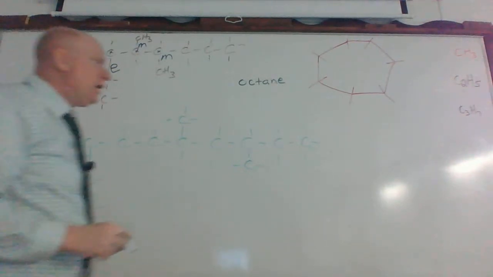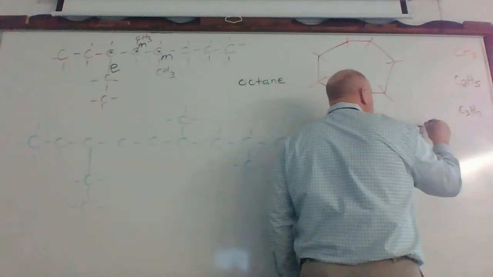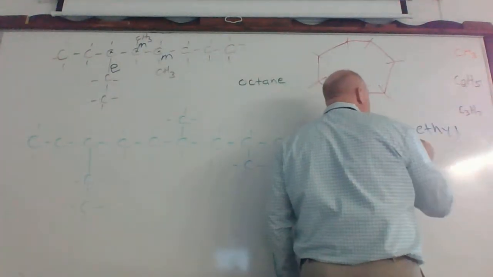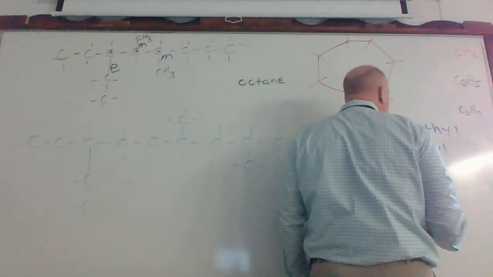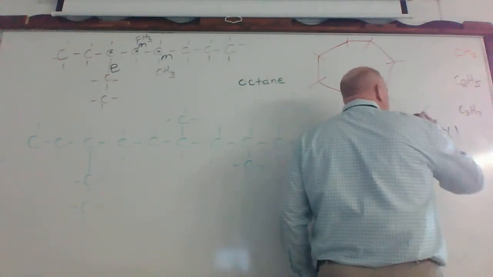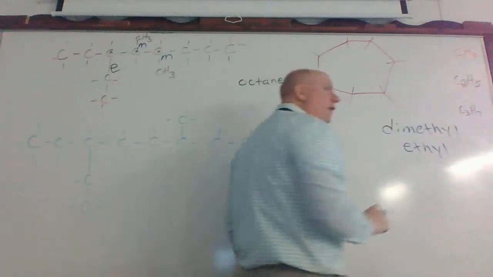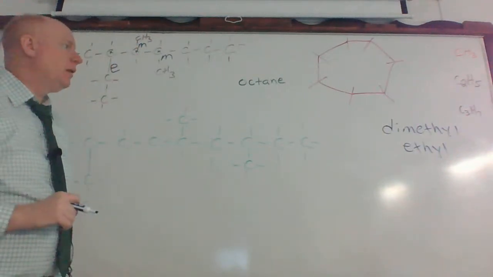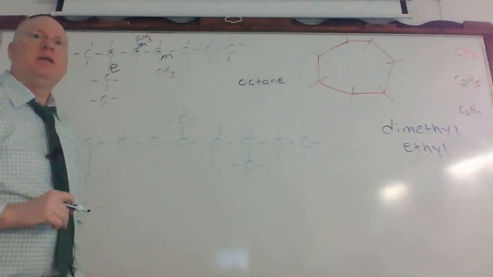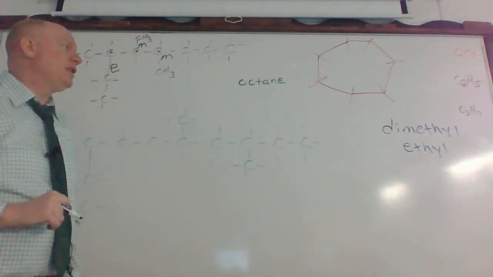So when we talk about dimethyl, and we've got an ethyl group, which one of these two terms is going to come first? Are we sure? What are some exceptions to the rule?